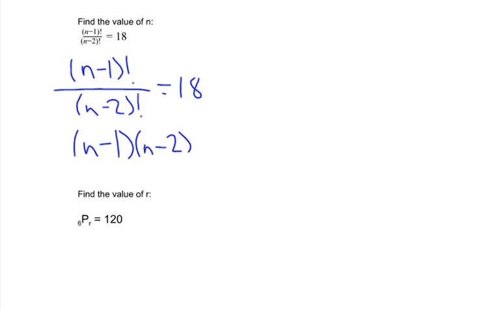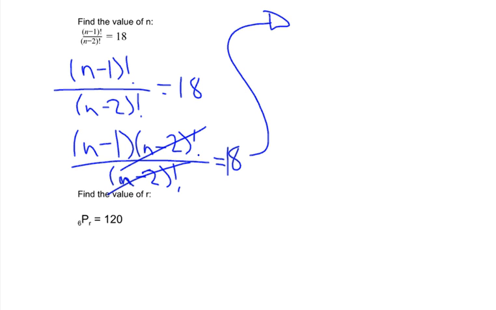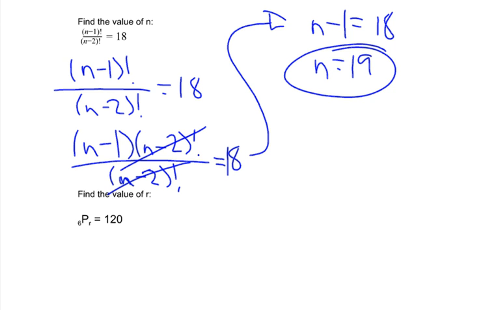On the top we have n minus 1 times n minus 2 factorial, and on the bottom, we have n minus 2 factorial. So we can cancel those out. Everyone with me? What we're left with is n minus 1 equals 18. So what is our value for n? 19. Good. Easy so far?